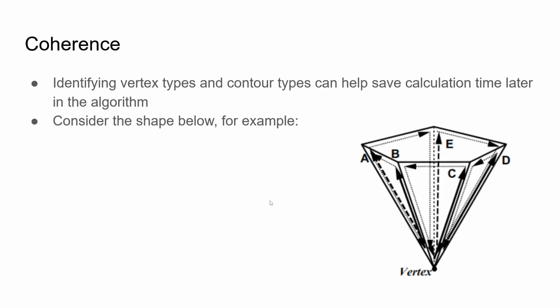Something that was utilized in this algorithm was the idea of coherence. Once you identify what type of vertices you have, it can save calculation time later in the algorithm.